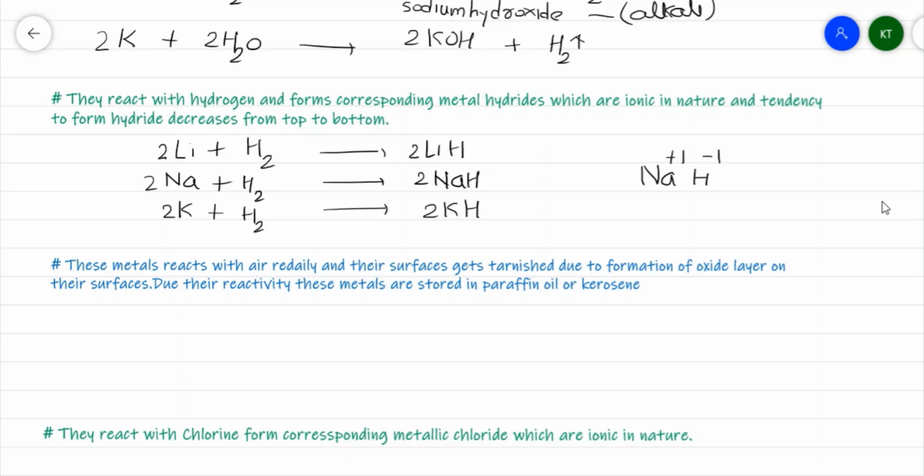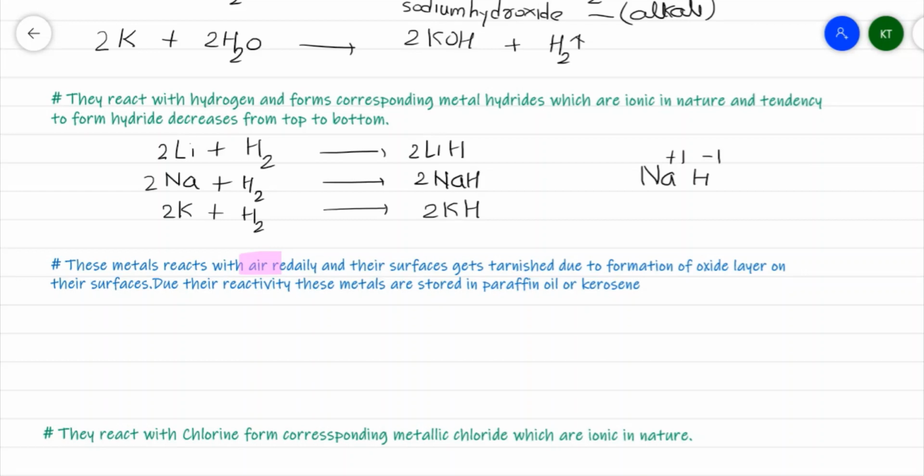Now, these metals generally show a tendency to react readily with air. Because of their tendency to lose electrons very quickly, they get oxidized. So they combine with atmospheric oxygen, and due to that, an oxide layer forms on the surface.